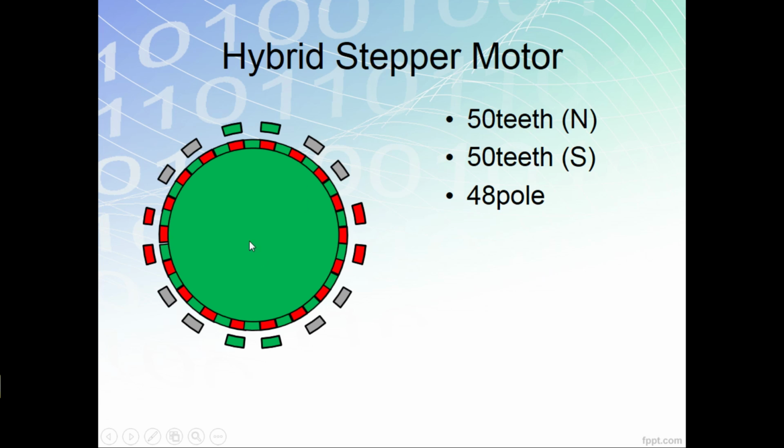So in this position, this south magnet is attracting this north magnet here. Similar situation here, here, and here. When we reverse the pole position, it will become here.